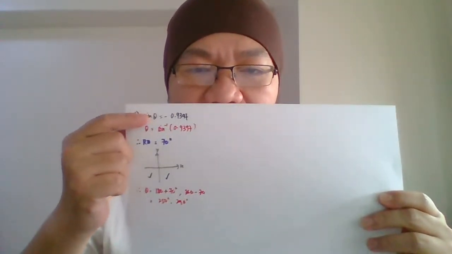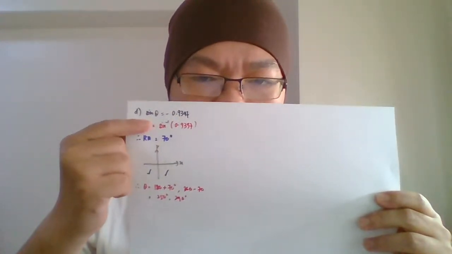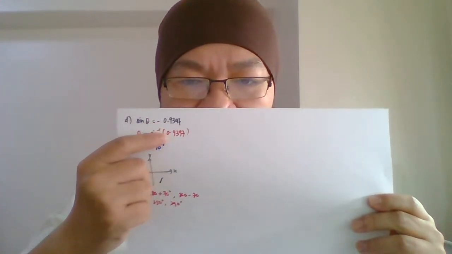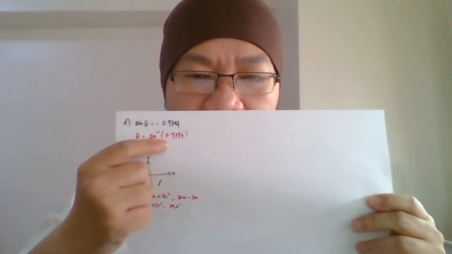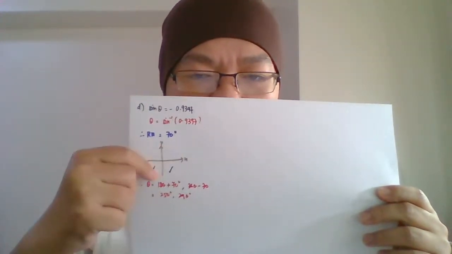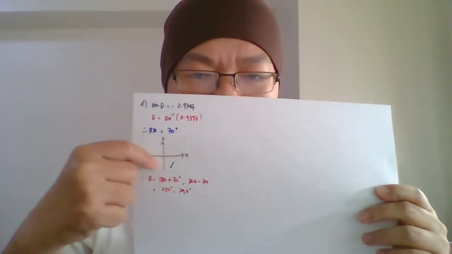Okay, so sin theta equals to negative value. First step, you inverse the sin, then it becomes like this, but do not put the negative inside your calculator, because the negative is for us to determine the quadrant, which will give us the negative value of sin in the quadrant.